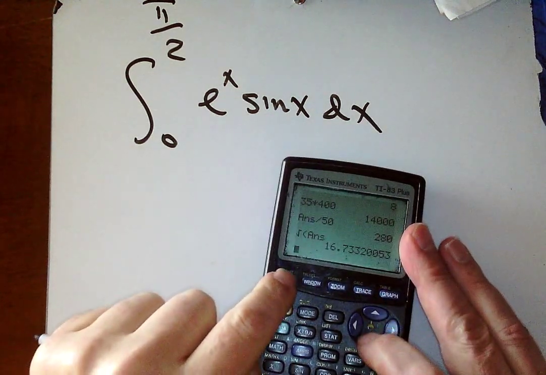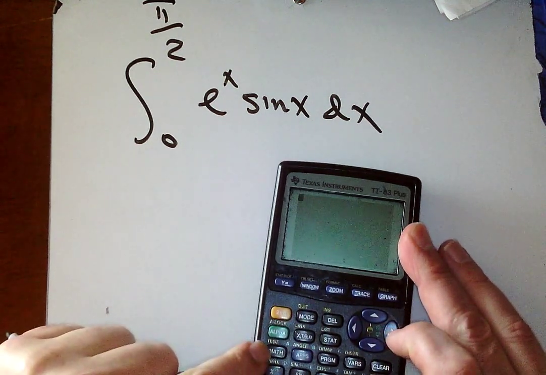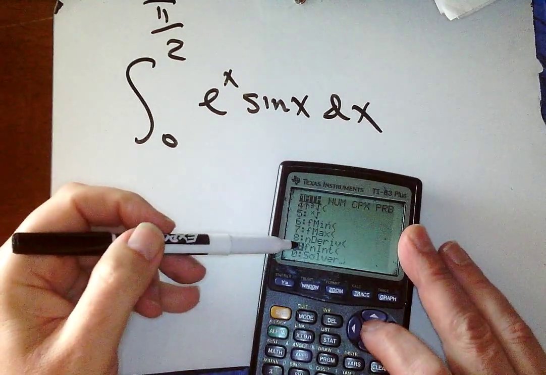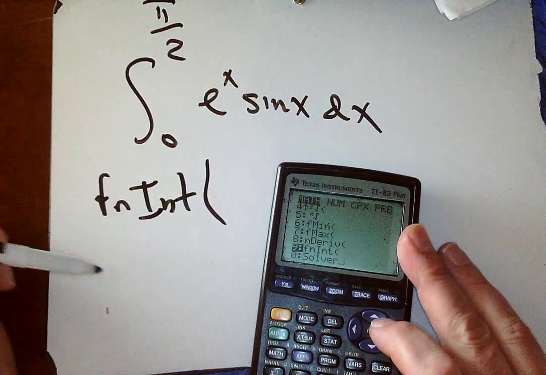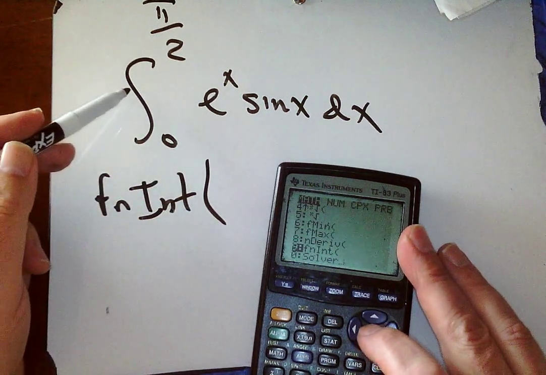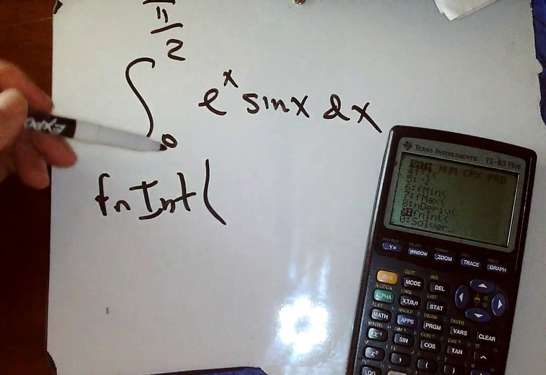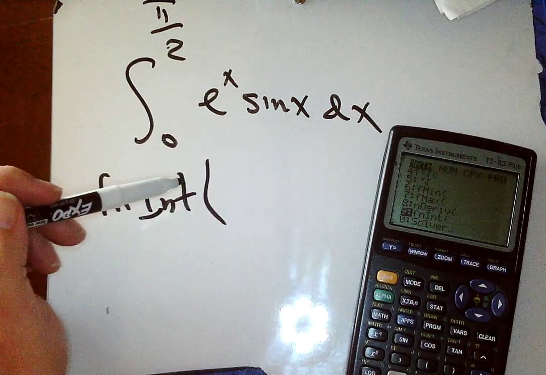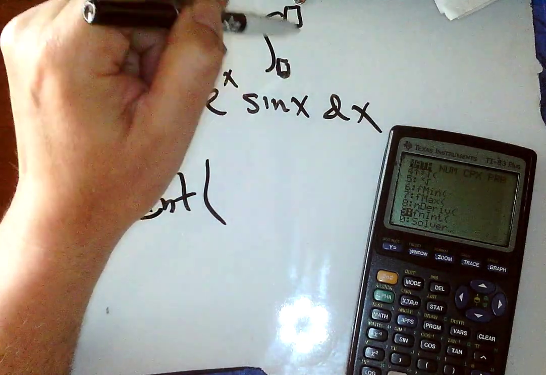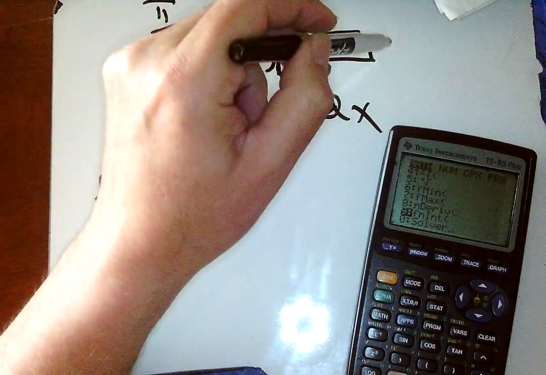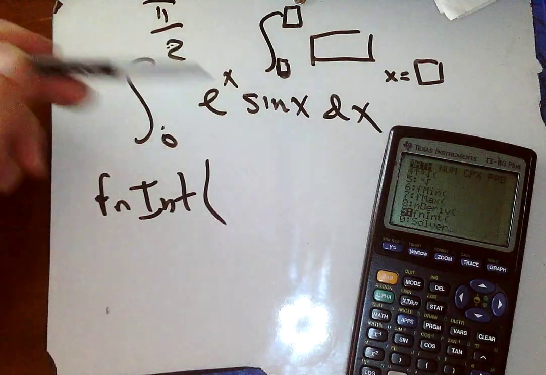So, not nDeriv, but I want to go to math and scroll down until I see fnInt. That's the one for doing integrals. Those of you with new calculators, you see the little boxes to plug into: a box for a function, then x equals, and a box over here. And so you're just going to put these things in there.